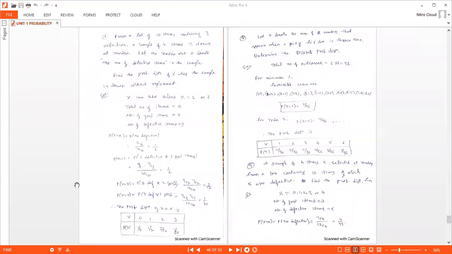So that is equal to 3c3 into 7c1 by 10c4. After simplification, your value is 1 by 30.